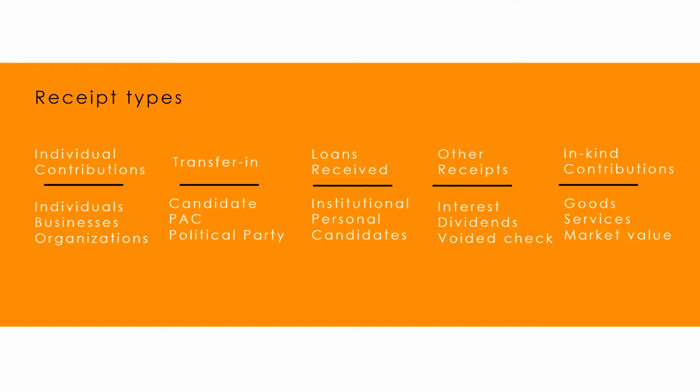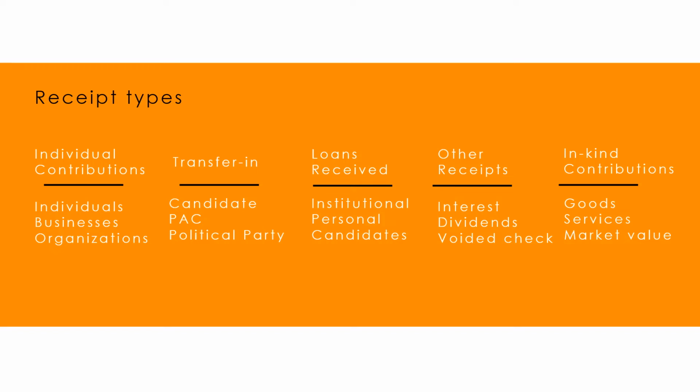Let's begin with receipts. Receipts can be categorized into 5 different types: individual contributions, transfers in, loans received, other receipts, and in-kind contributions. Individual contributions are receipts received from an individual person, business, organization, or association.